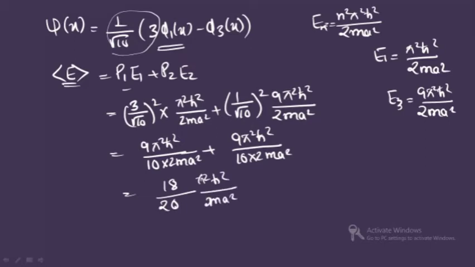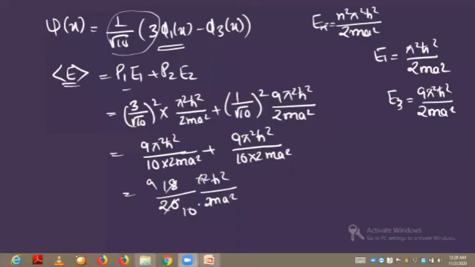Now if you cancel 18 and 20, 2 nines are 18, 2 tens are 20, it is giving you 9 by 10. This is what we are having.